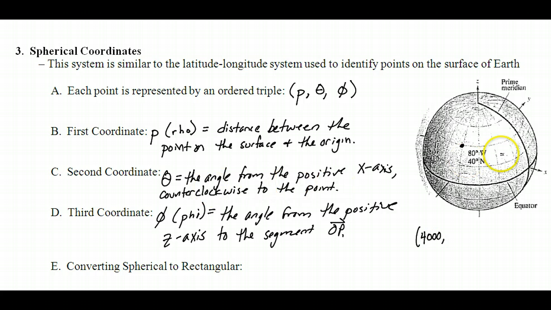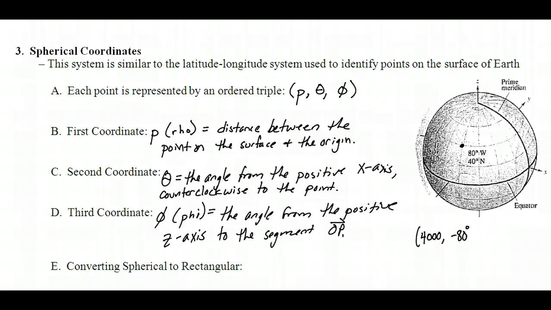Theta is the angle from the positive x-axis, so here it would be from our positive x-axis counterclockwise to our point. And if we're going counterclockwise we should usually go this way to get to y. Well, in this situation, we're going clockwise, so that would make it negative 80 degrees.